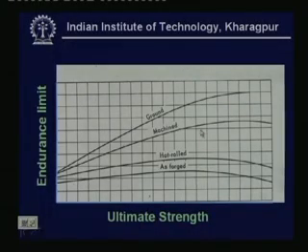Now, this particular plot has been made for different materials of steel. Say this is ground, this is machined, this is hot rolled, as forged, and this type of graph represents that experimental results for these materials have been conducted, one for the rotating beam specimen, another for the simple tensile test, and those results which have been plotted for a typical material have been ultimately joined by a line, and we get a plot as shown here.